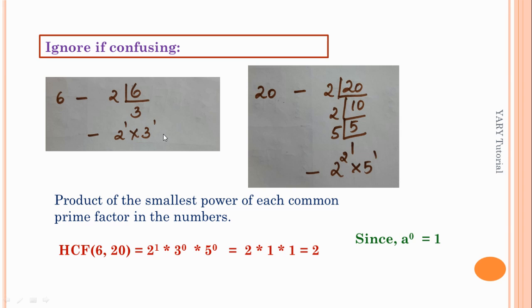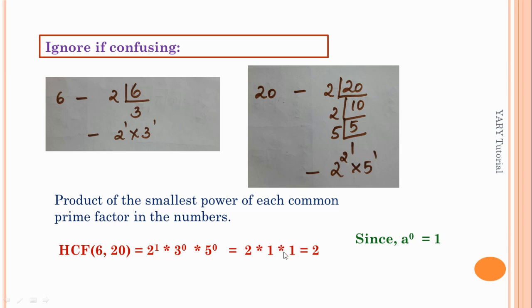Here we have written 5 power 0. So 5 power 0 and 5 power 1, in these two, 5 power 0 is the smallest power which we will be writing. So 2 power 1 is 2, 3 to the power of 0 is 1 because anything to the power 0 is 1, into 5 power 0 again is 1 because a to the power of 0 is 1.